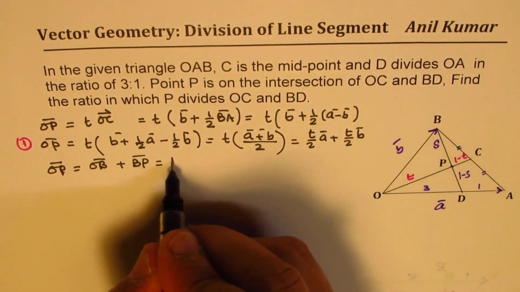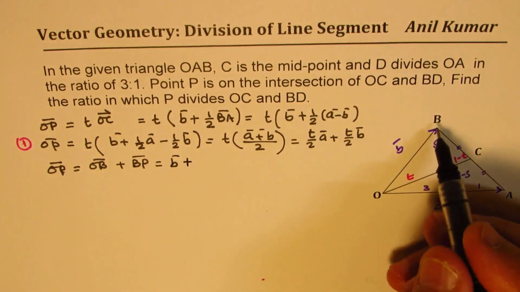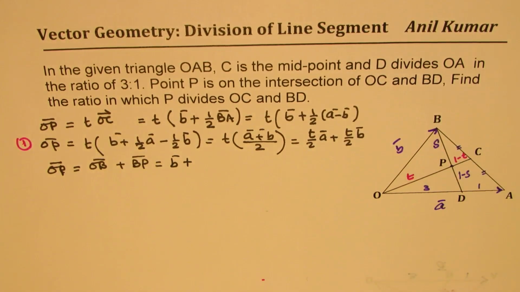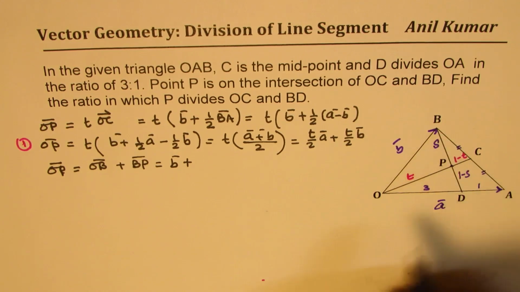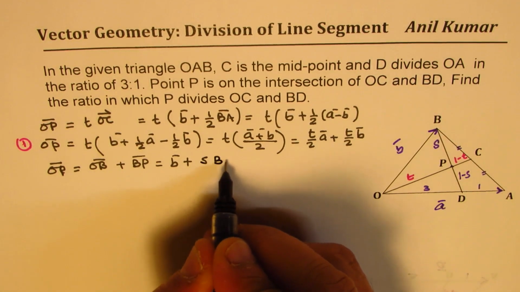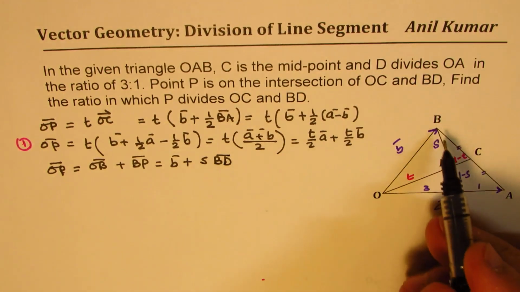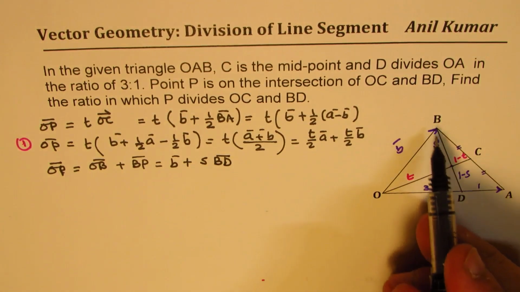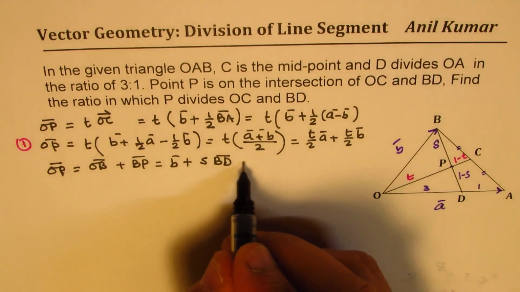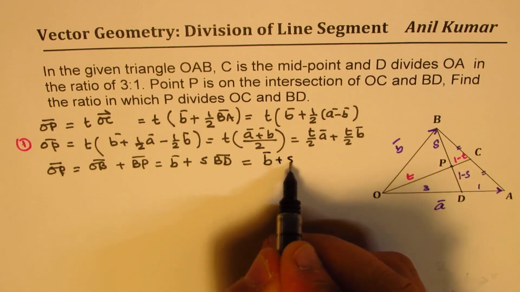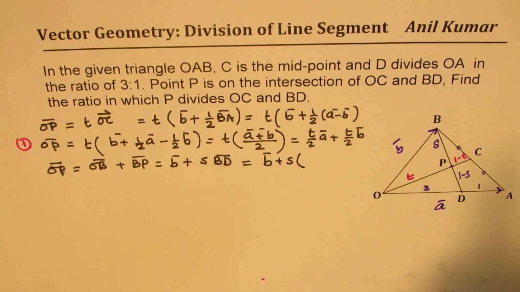OB is vector B plus B to P. Now how do we write B to P? Now B to P is S times BD. What is BD? So OP will be B plus S times, what is BD?